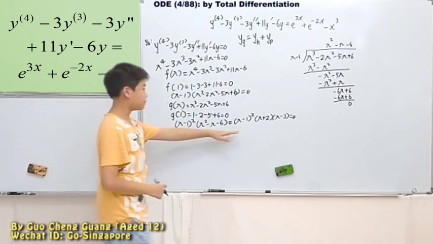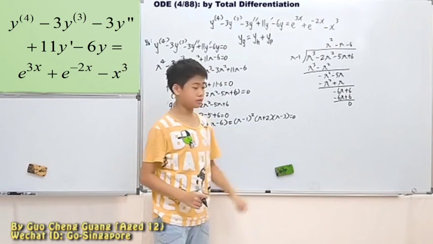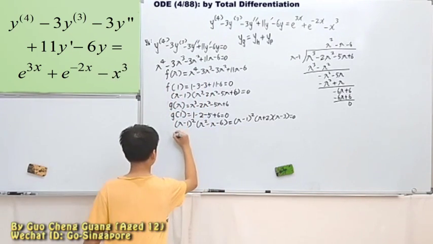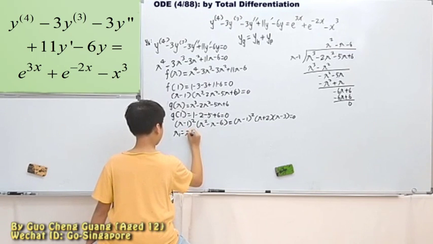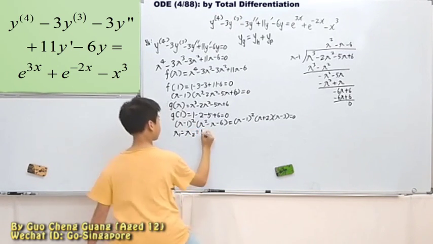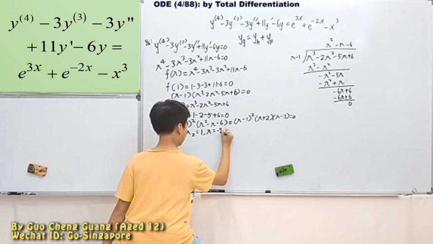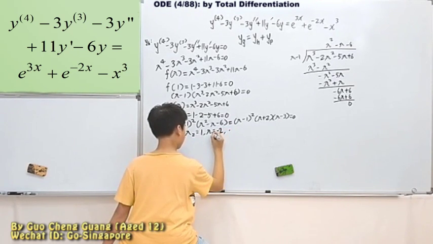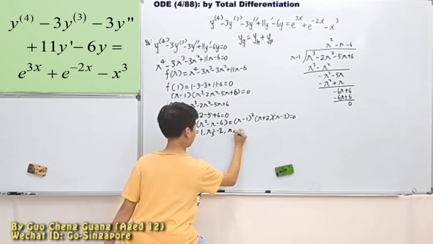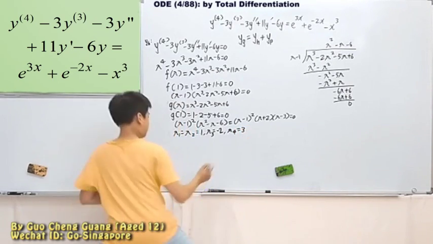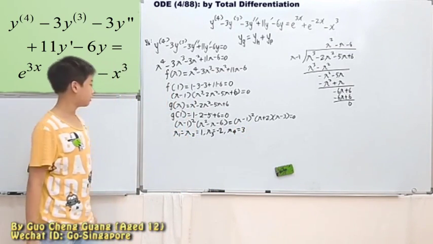So that means lambda has 4 roots, but the first 2 roots will be the same. Okay, these are your 4 roots.